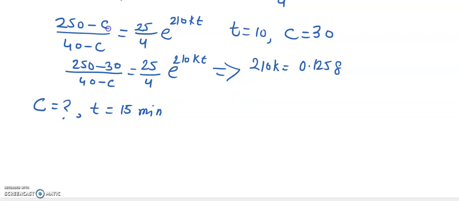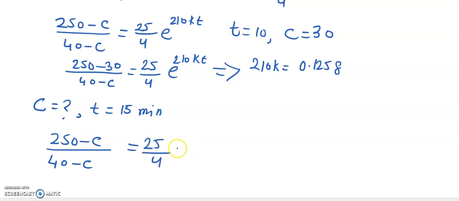So we can just input the values over here. (250 minus C) divided by (40 minus C) is equal to 25 by 4 e power 210k. 210k, the value is 0.1258, and t is 15 minutes. So we need to do some calculations by using the calculator. I will not show those steps over here. You can do them by yourself.